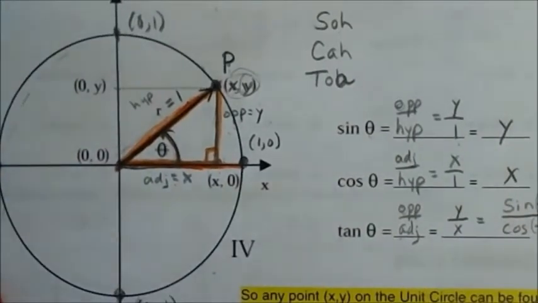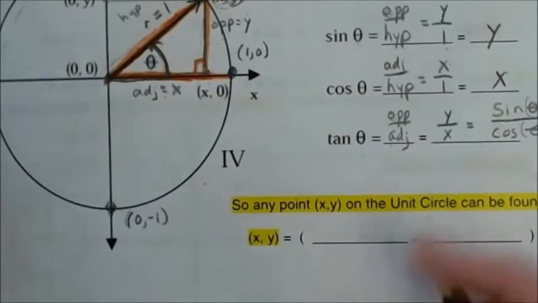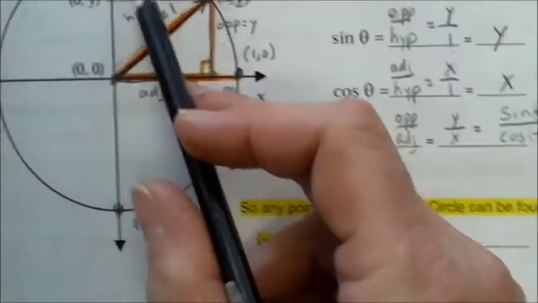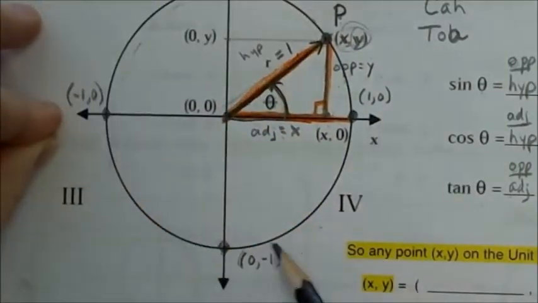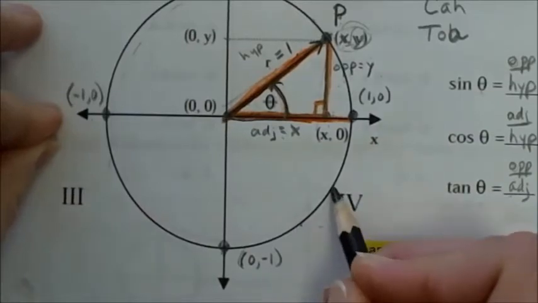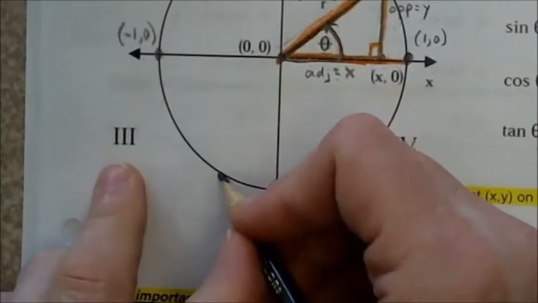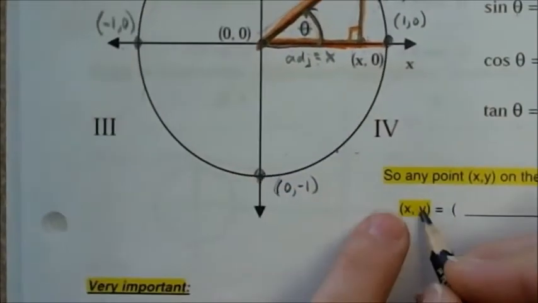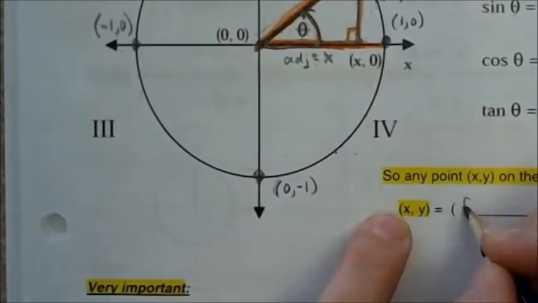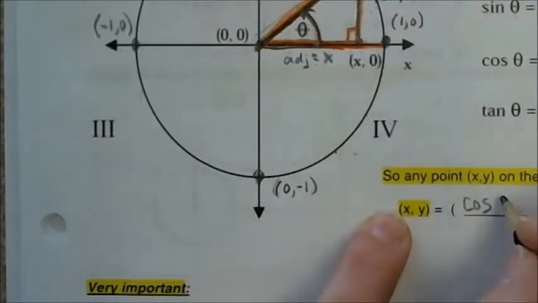So this is really important. Any point on the unit circle, it doesn't matter where we go around this unit circle, you can pick any point. Any point on the unit circle can be found, and we'll do some examples of this, that the x value is the cosine of that angle theta.